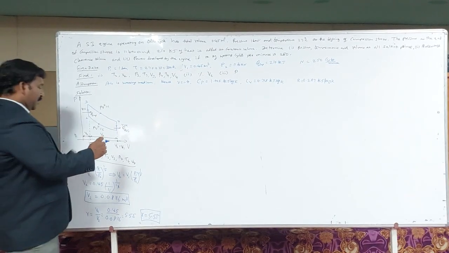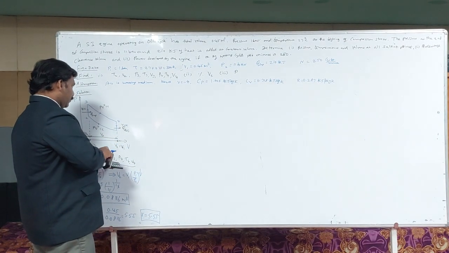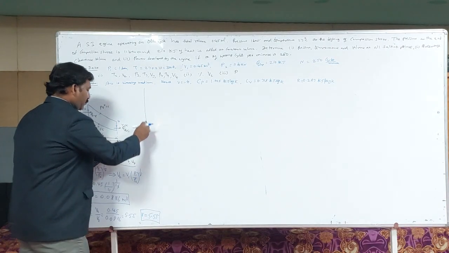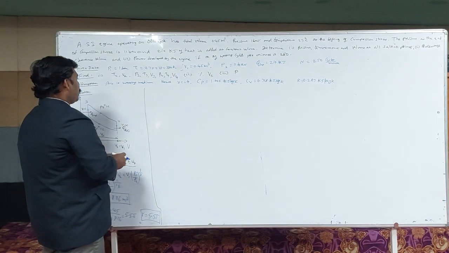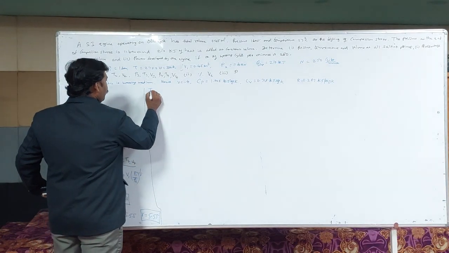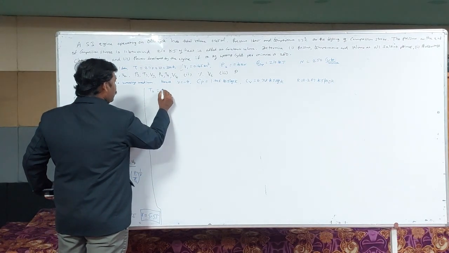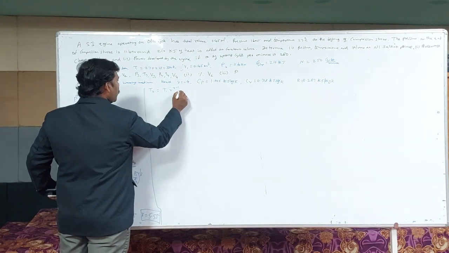Now from that I have to find out T2. V2 we have found out, then T2 is equal to T1 into R power gamma minus 1.